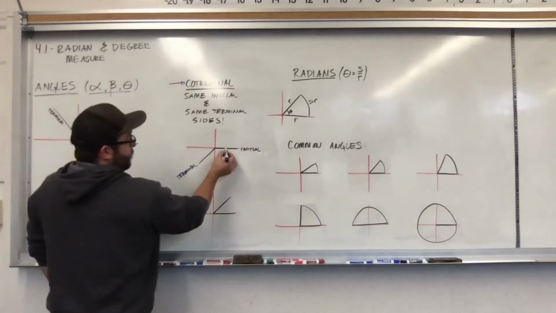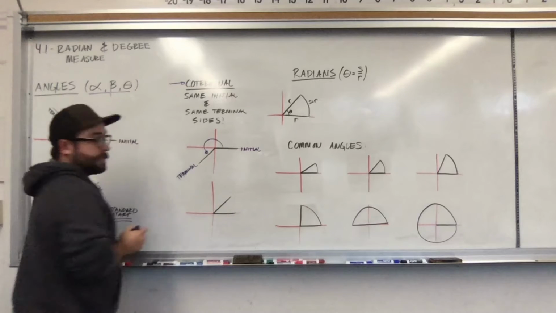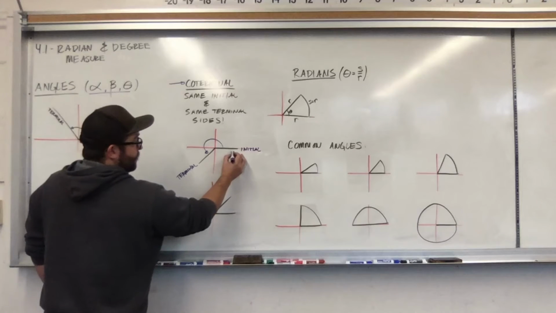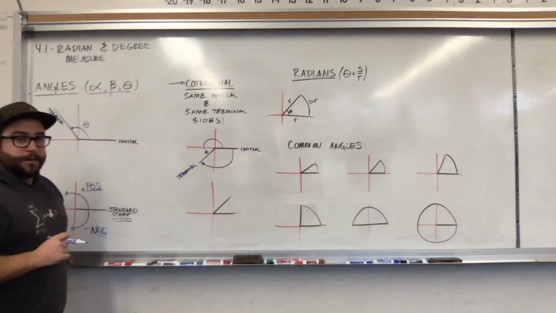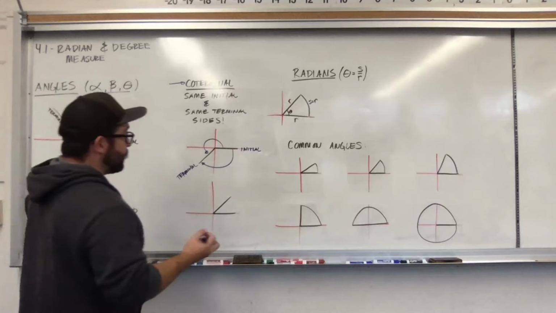If I swing from this initial side through to this terminal side, that's one angle. A counterpart to that, which makes it coterminal, would be starting at the initial side and swinging in the negative direction.